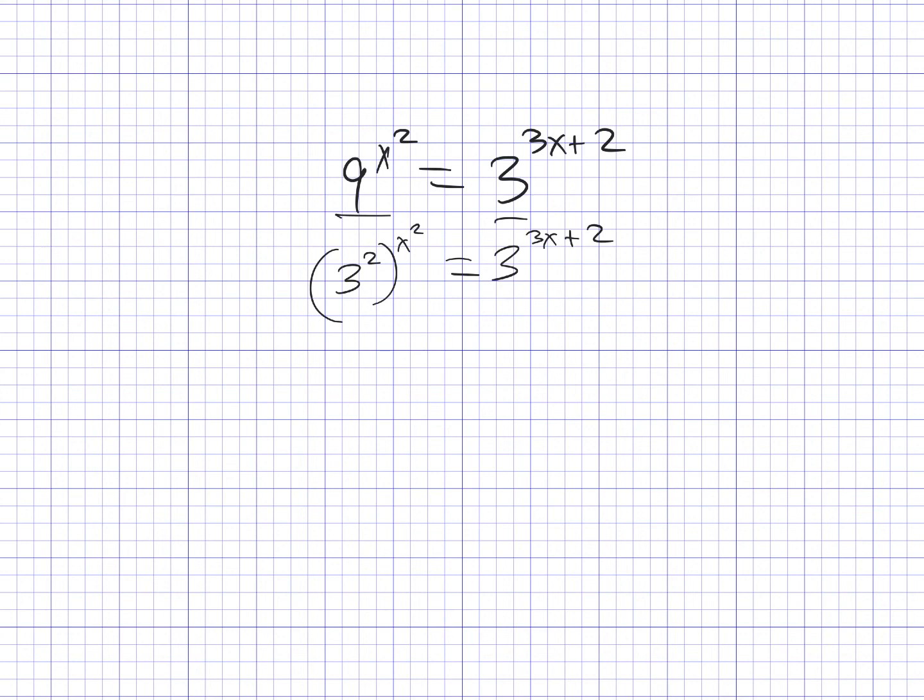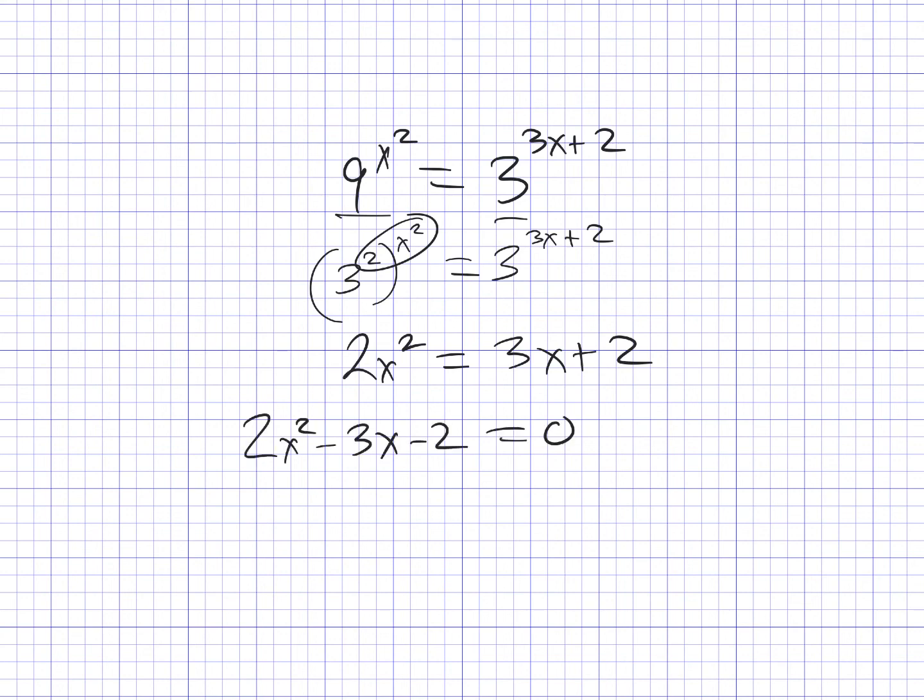Now, once your bases are the same, that's 2x squared equals 3x plus 2. Now you got a trinomial. Everything on one side. Factor. Set each one equal to 0 and solve.